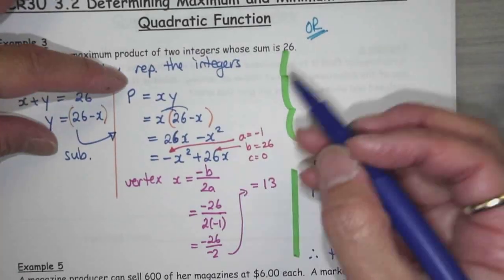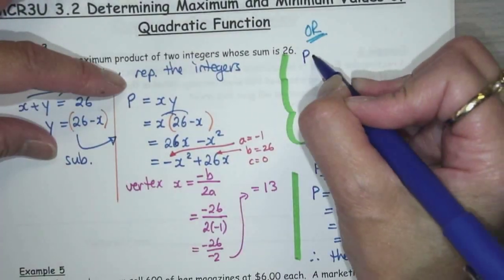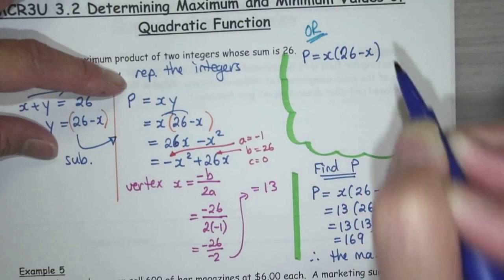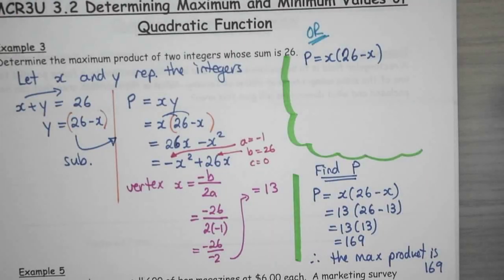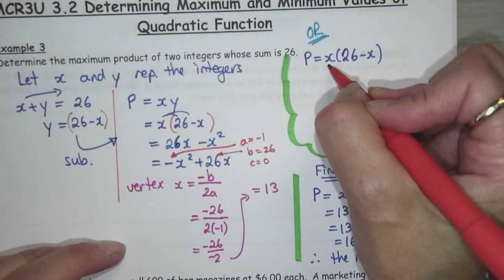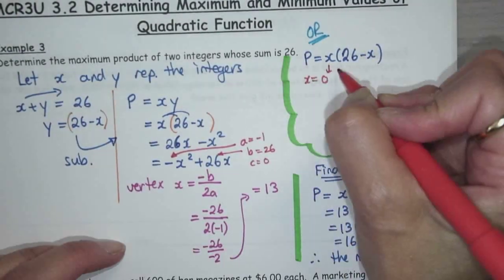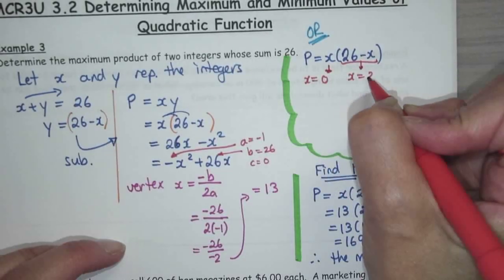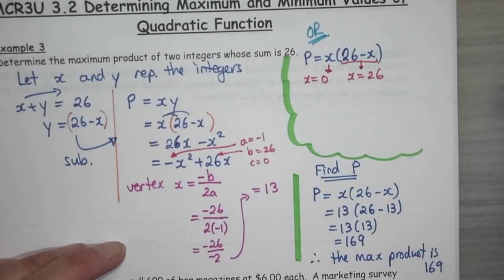I remember it. What we would do is we would get up to here and we'd say x, and 26 minus x, and you would take each factor and you would say x equals 0 and x equals 26. And then you would find the midpoint between it.